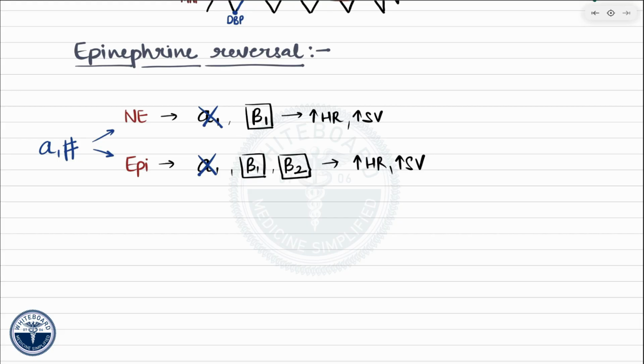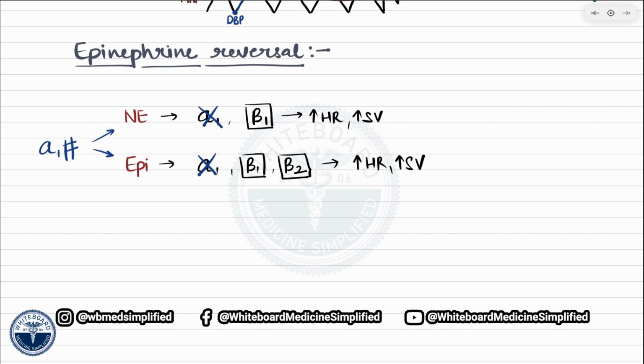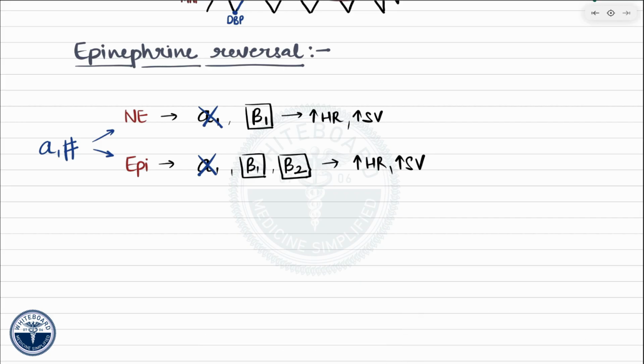So the moment we remove the alpha-1 mediated vasoconstriction, the previously hidden beta-2 mediated vasodilation becomes unmasked. Blood vessels dilate, total peripheral resistance falls, and blood pressure actually drops. In other words, a drug that was initially causing hypertension can now produce hypotension simply because the alpha-1 effect has been blocked and the beta-2 effect is now dominating.